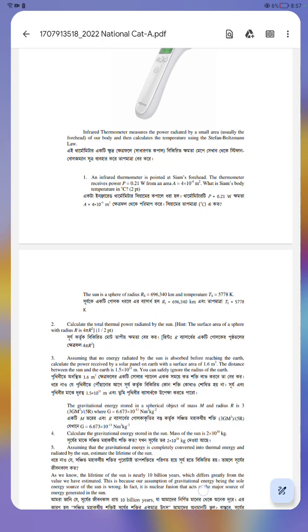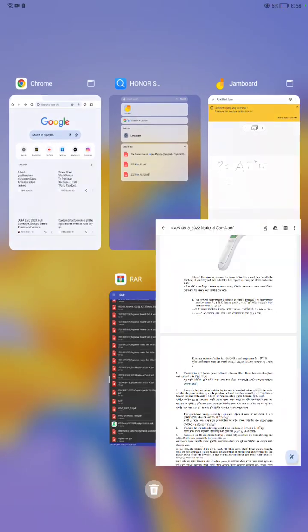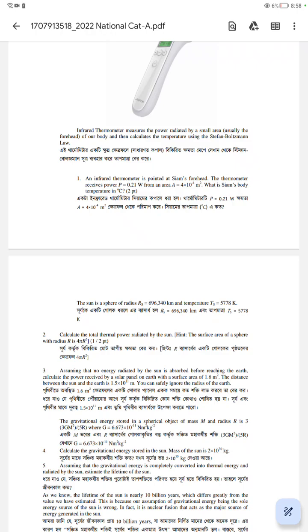So this is also just an easy problem. We just have to plug in our equations. We just have to make sure everything is in the right unit. So power equals A T^4 sigma. A is the surface area, which should be 4 pi r squared. Now I was talking about the units. The sun has a radius of 696,340 kilometers.